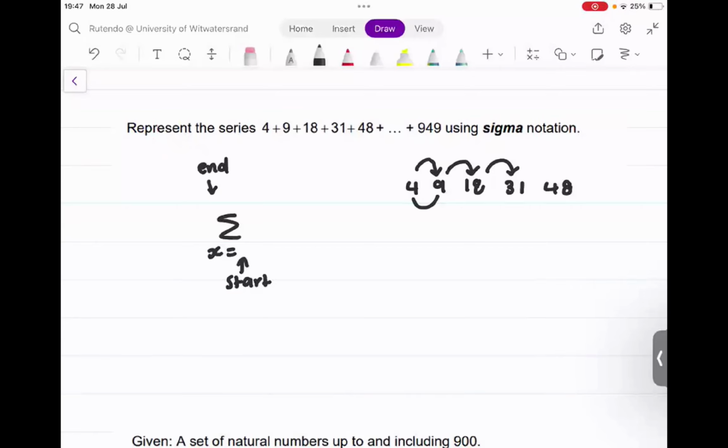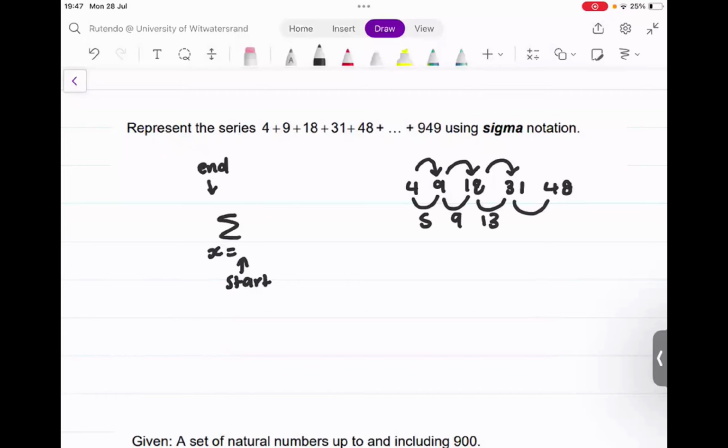So we have 4 and 9, so this is 5. 9 and 18, which is 9. 18 and 31, 13. 48 and 31.